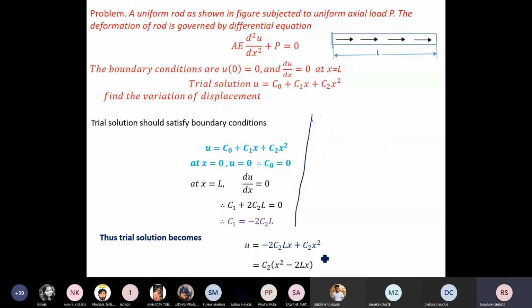Okay, now next one. Now we have calculated the trial solution. We have got the correct form of the trial solution. Now I want to solve this by the Galerkin method. What is the next step of the Galerkin method? The trial solution is over, the first step is over. What is the second step of the Galerkin method?